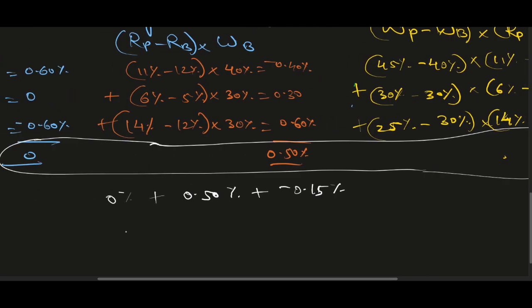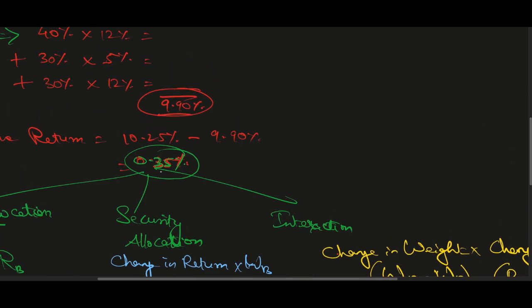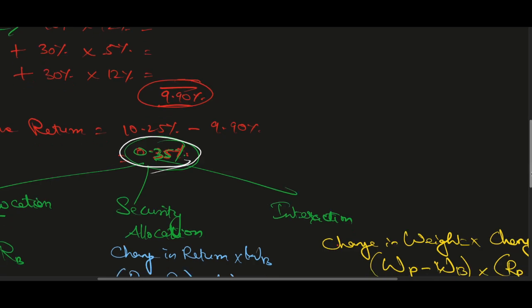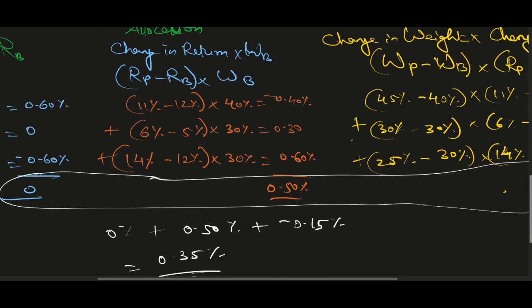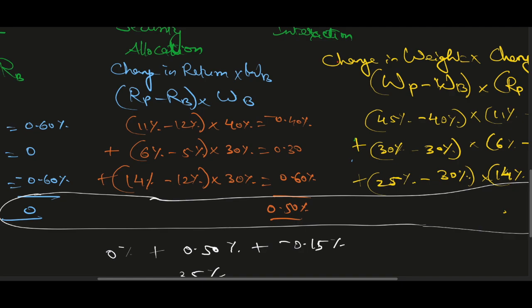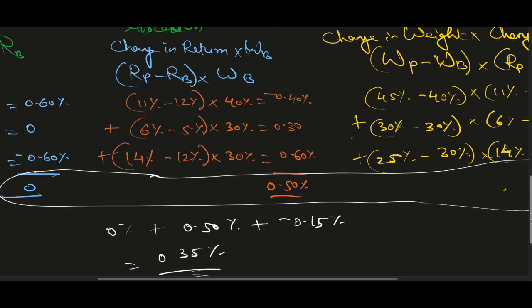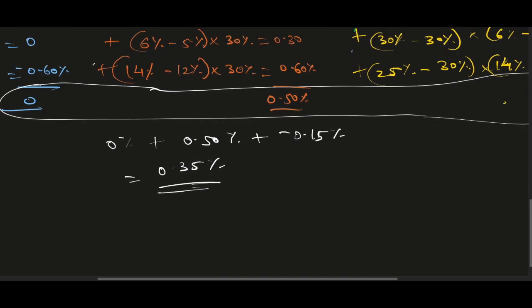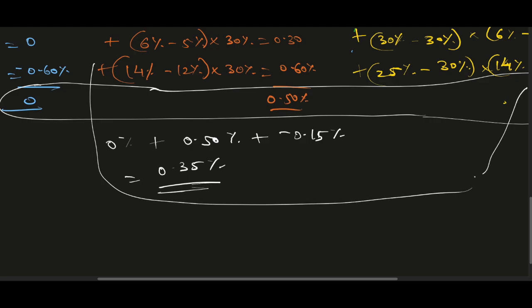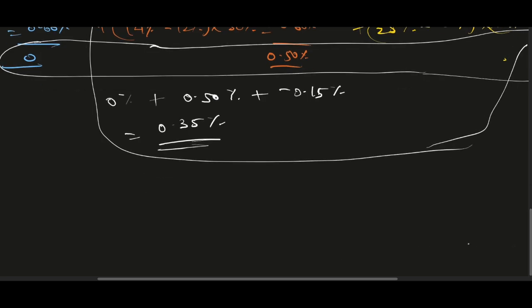So overall this comes to 0.35%. Okay, so this is giving me the same answer like what I got over here, 0.35%. This way also we can do, and also there is one more way. In fact, I can club these two parts together.